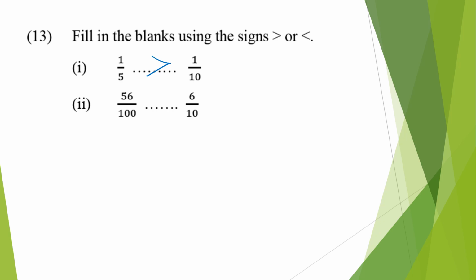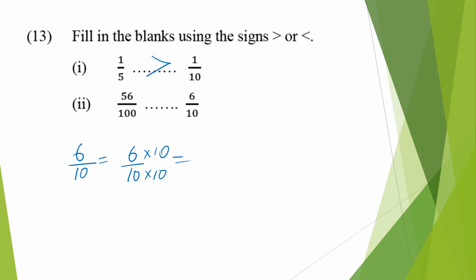You know this. And also here you can see 56 over 100 and 6 over 10. But the problem is that we don't have a clear comparison, because the denominators are different and the numerators are also different. So here we can make a common denominator. You can do like this: 6 over 10, multiply by 10 and 10.